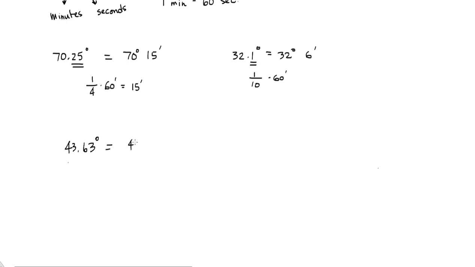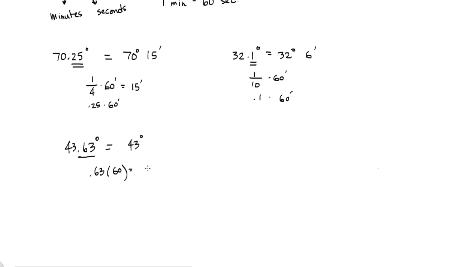I have 43 degrees, and this is 0.63. Now we could have just multiplied by the decimal, right? 0.25 times 60 equals 15, or 0.1 times 60 equals 6 minutes. So that's what we're going to do. We're going to multiply 0.63 times 60.